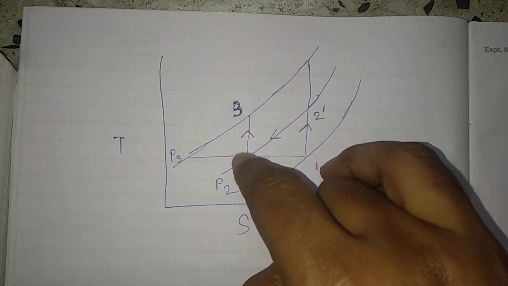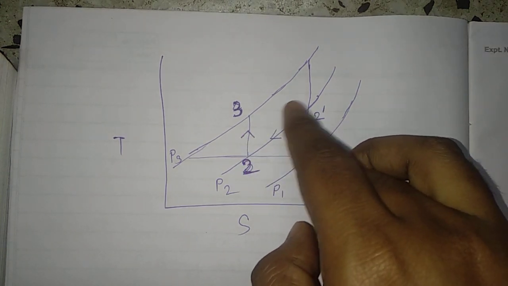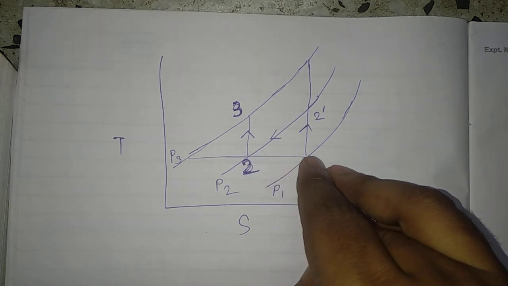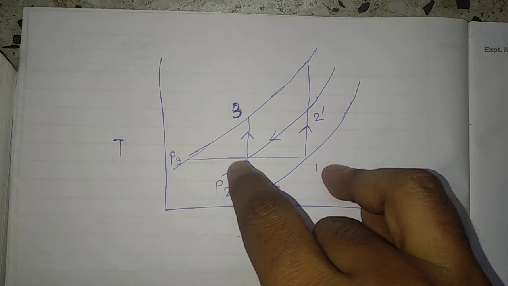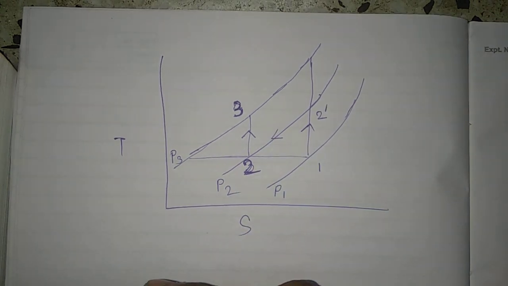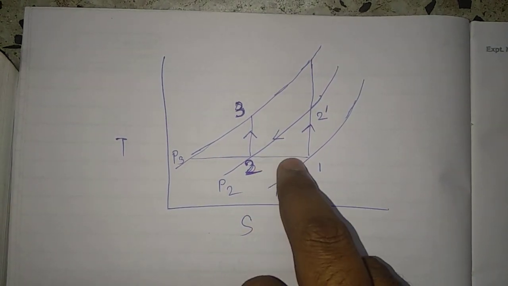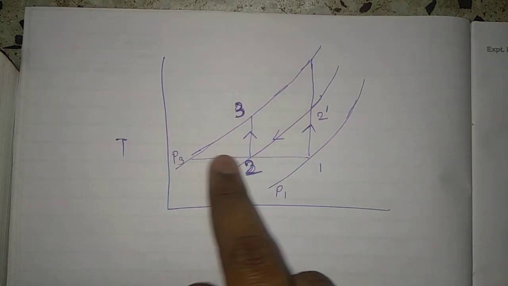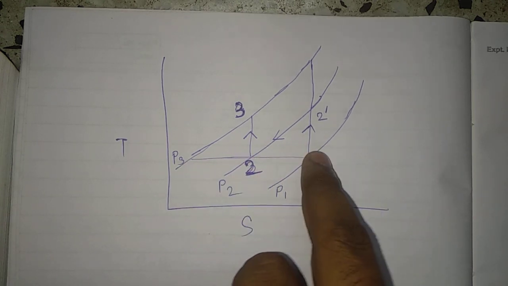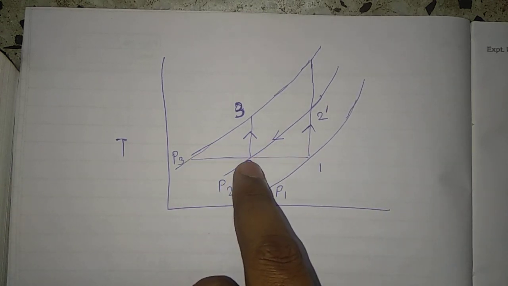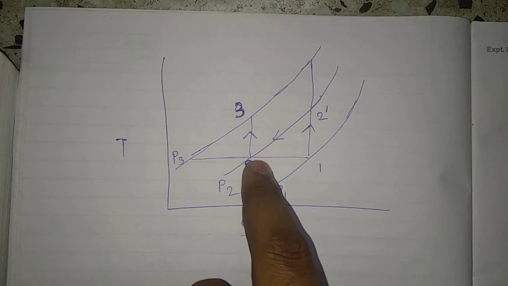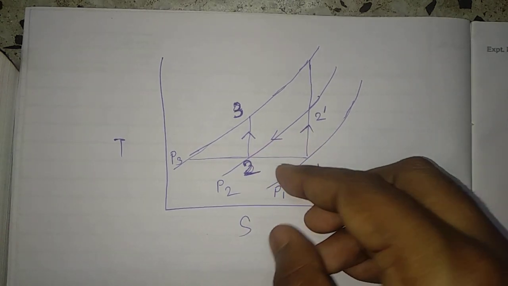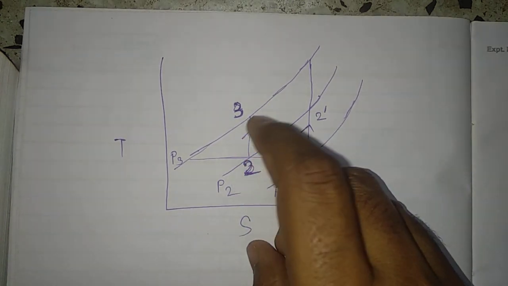That means it is perfect intercooling, because T1 is equal to T2, as in the TS plot this is your constant temperature line. When all the higher temperature is reduced in the intercooler, the intercooling process takes place perfectly. That's why it is called perfect intercooling.